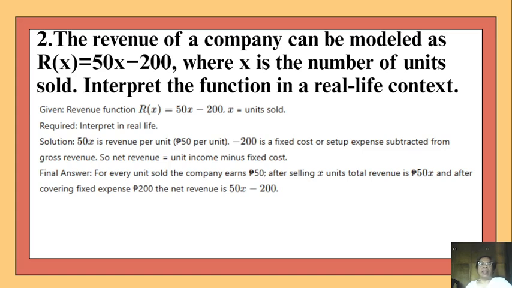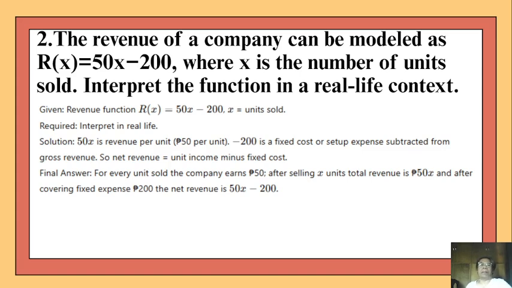So the final answer: for every unit sold, the company earns 50 pesos. After selling x units, total revenue is 50 pesos multiplied by x, and after covering fixed expenses, 200 pesos, the net revenue is 50x minus 200.